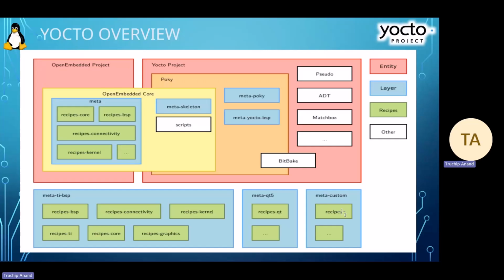So when you start with the initial project, you will end up using Poky, which will contain OpenEmbedded plus the Yocto related part. Then if you want, you can start integrating multiple meta layers into our project and extend it the way we want. So this is how the full-fledged Yocto would look.